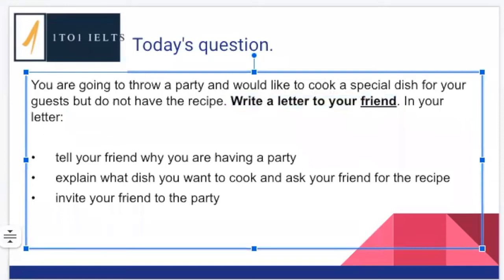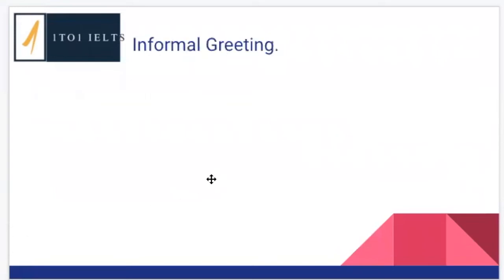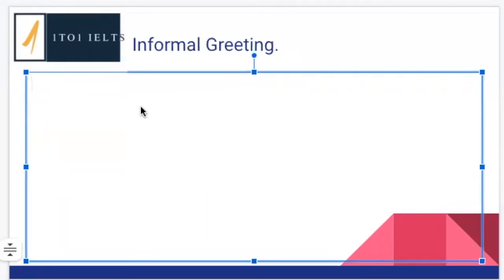So how are we going to start? First step we've already done. How are we going to start our greeting? So we're talking to a friend. Yeah. Dear John, dear Anne, choose a name.